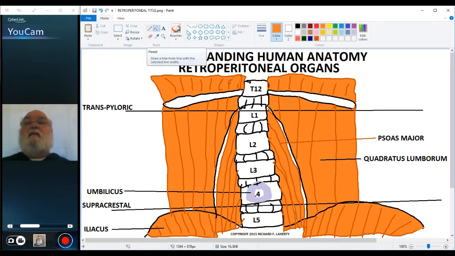But in addition to the inferior border of the rib cage, which is again represented by the 12th rib here, the diaphragm takes origin from the vertebrae, and specifically the lumbar vertebrae.